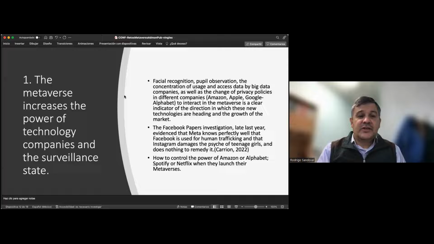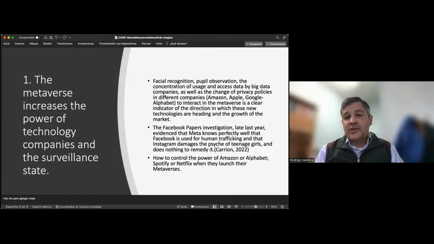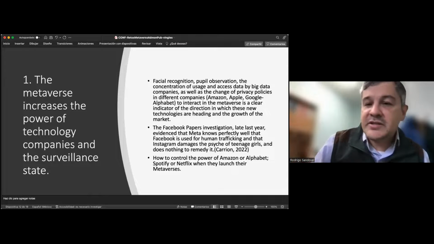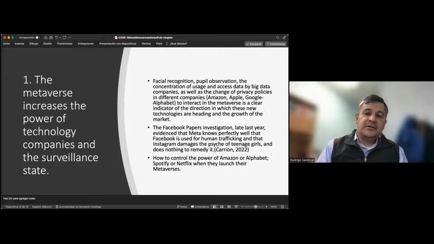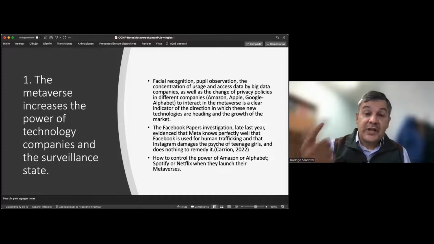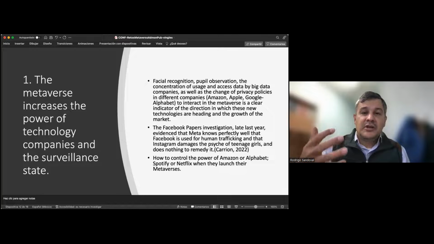The first challenge, in my opinion, is the power of technology to increase the surveillance state. Of course, the new mandatory components of any metaverse are facial recognition and pupil observation, because with the cameras, they can see our pupils in our eyes.